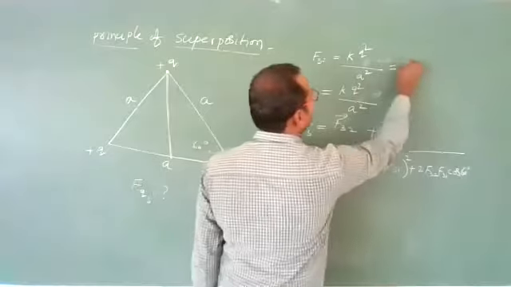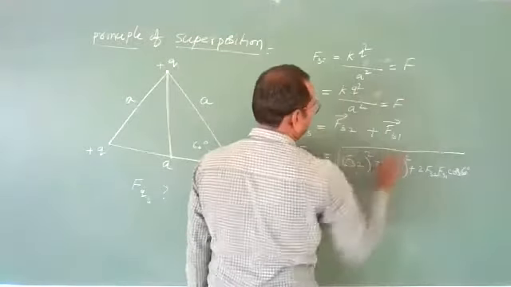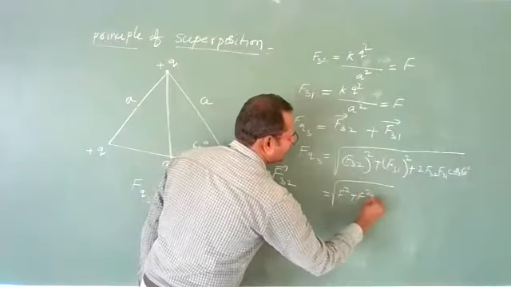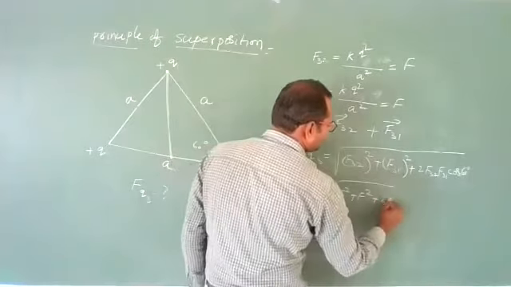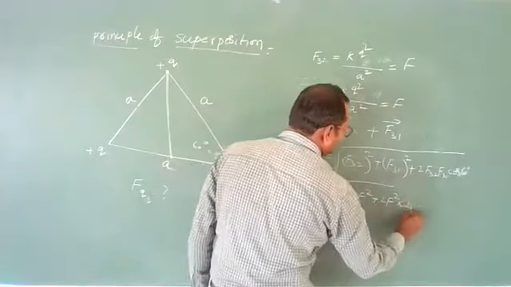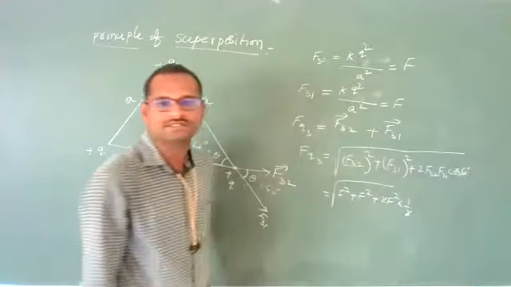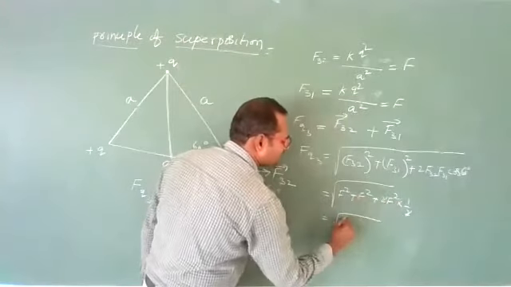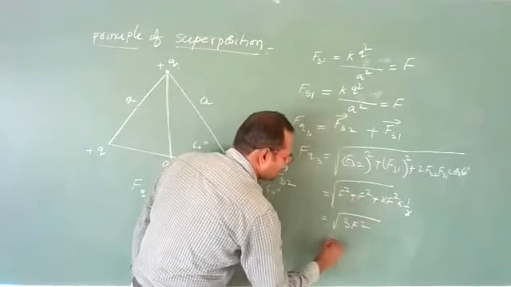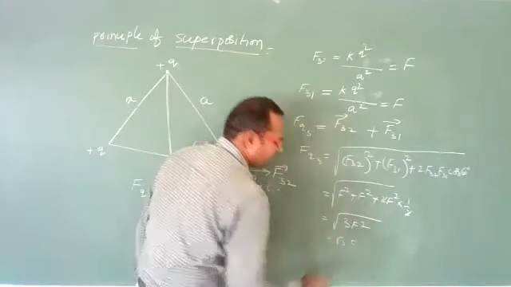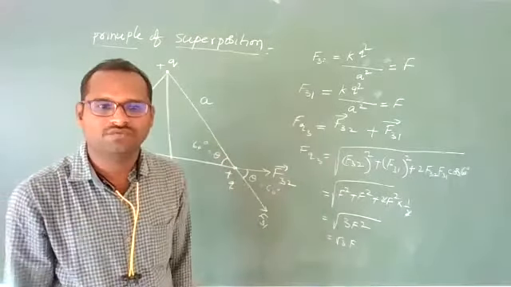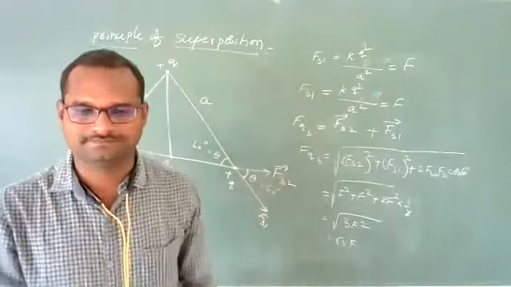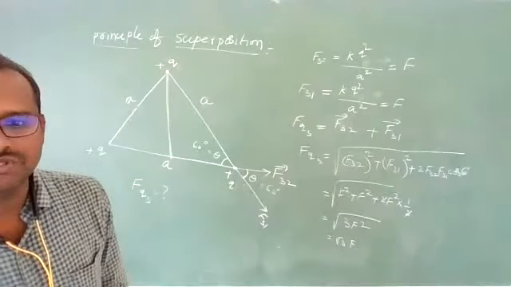If I call this F, this is also F. It will become root of F square plus 2F square cos 60, which is 1 by 2. 1 by 2, 1 by 2 cancel. You will get under root of F square plus F square plus F square, which is 3F square, so root 3 into F. What is the F value? KQ square by A square. Yes, this will be the answer. So this is how we need to find.